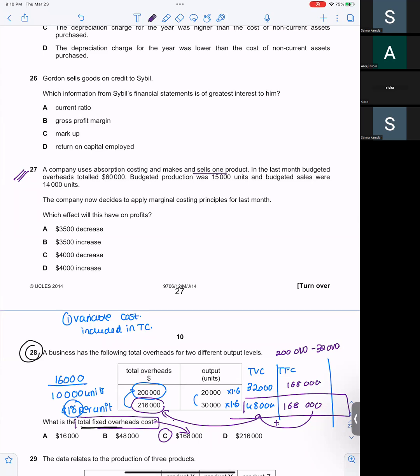In the last month, budgeted overheads total 60,000. Budgeted production was 15,000 units. So budgeted overheads upon budgeted activity level will give me the budgeted fixed overhead absorption rate. So 60,000 divided by 15,000 is $4.